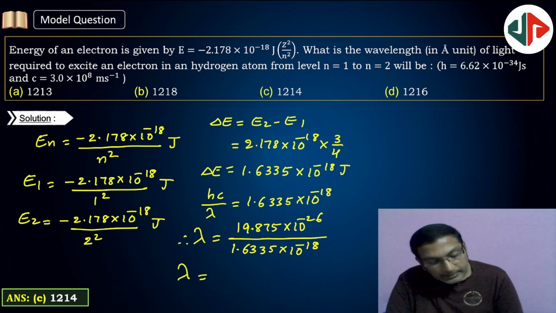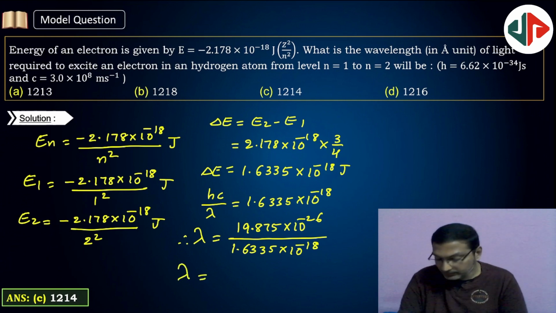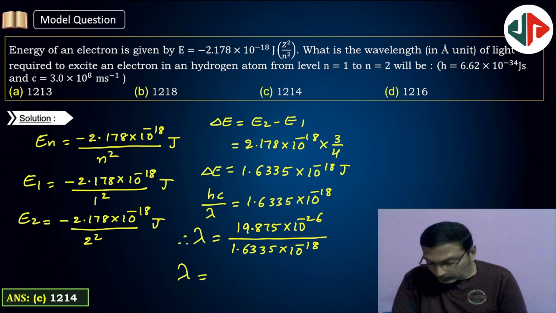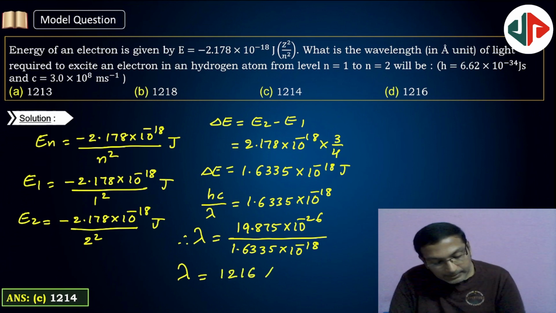So from this lambda value will be equal to 1216 angstrom units.